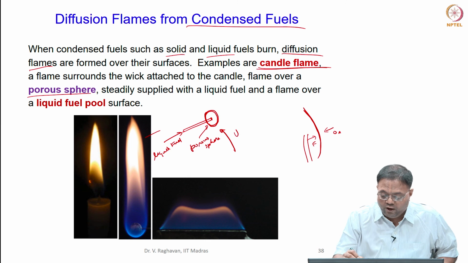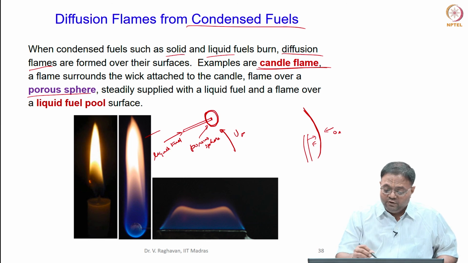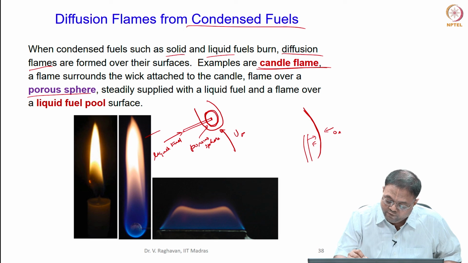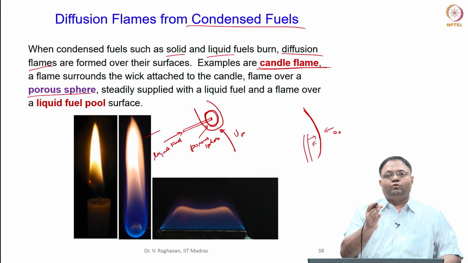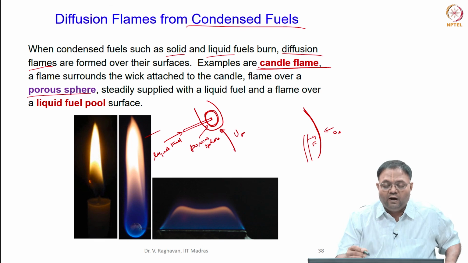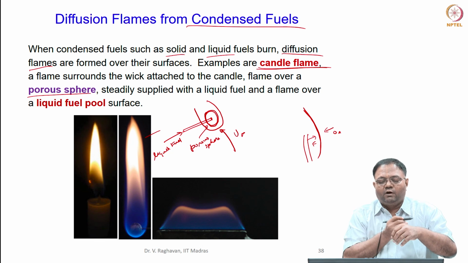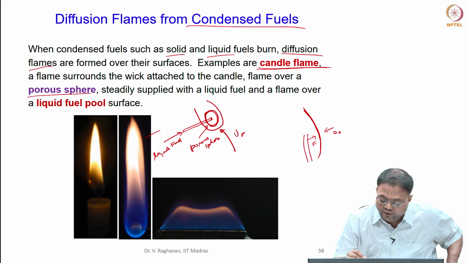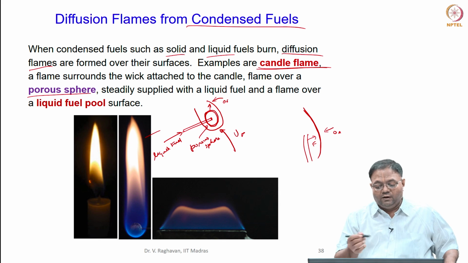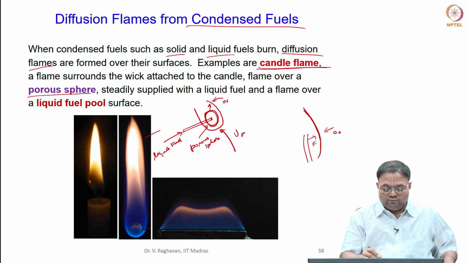You can also have an airflow past this. When you ignite, a flame forms over the surface, as shown here. The heat from the flame is transferred to the film formed over the porous sphere, and this film evaporates. Once it evaporates, more liquid fuel comes to the surface. The vapor which is evaporated goes to the flame, and oxygen from the ambient atmosphere comes towards the flame, and a diffusion flame is formed. So this is the typical diffusion flame.